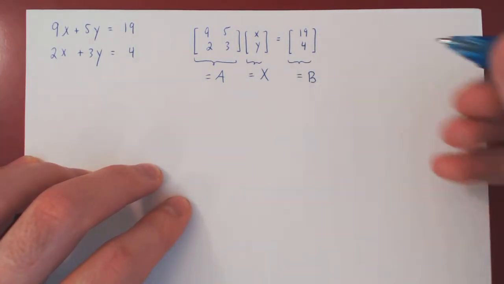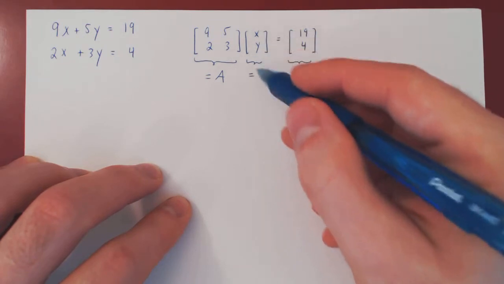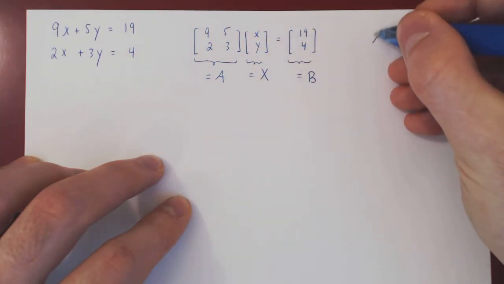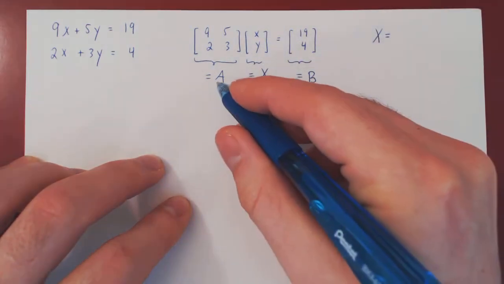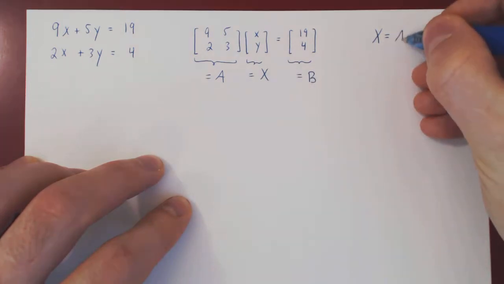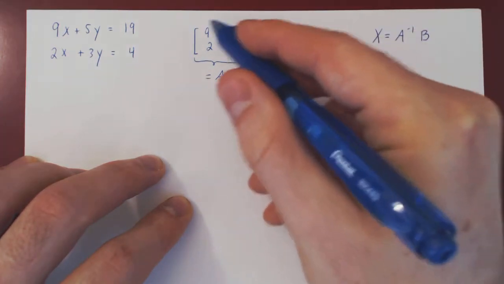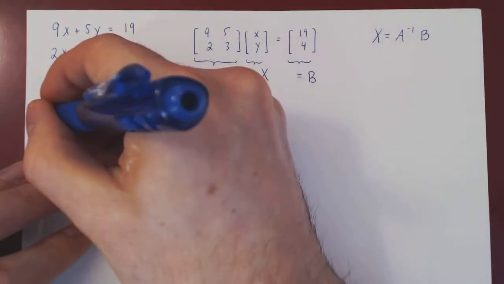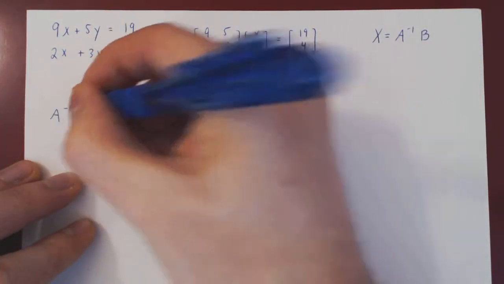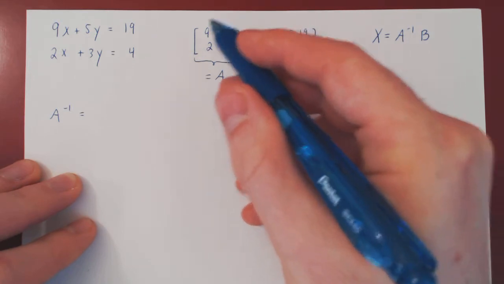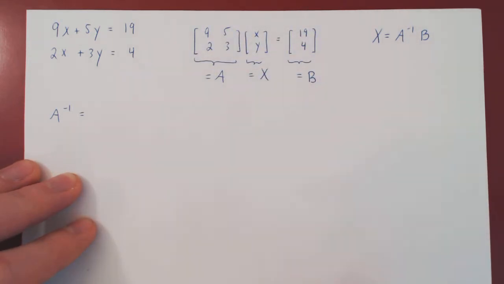We have just shown before that this variable X will be A inverse times B. We already have B, well, we need to find A inverse. As we have a 2 by 2 matrix, you can use the shortcut formula.